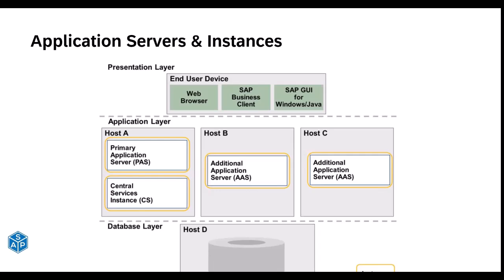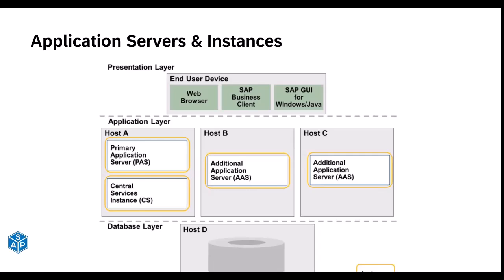You install an additional application server for load distribution, for example if there are resource constraints or work process constraints. Load balancing. But if you install the same instance on the same hardware, what is the use of load balancing? It is the same hardware or the same virtual machine. Where is the load balancing? You are just trying to crowd the same VM or the same hardware.